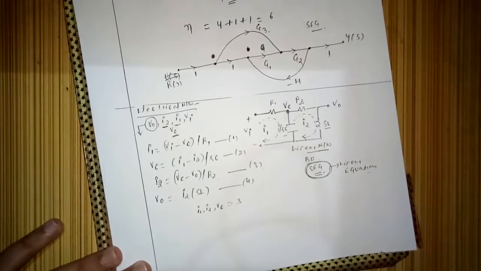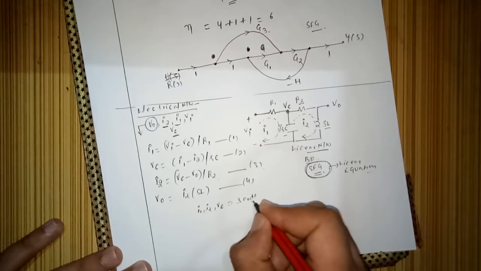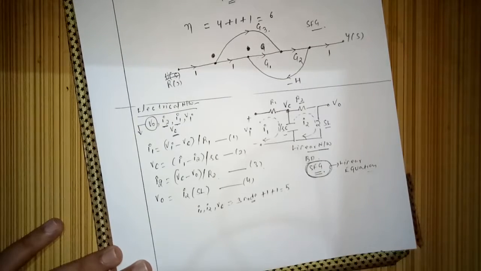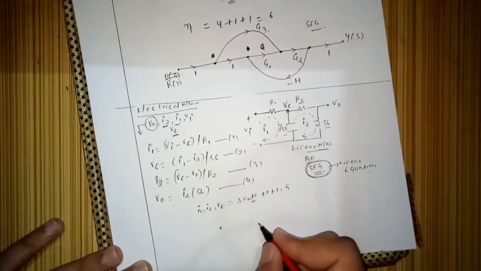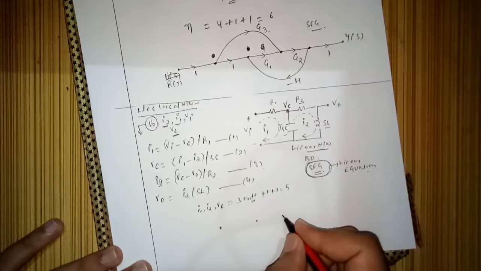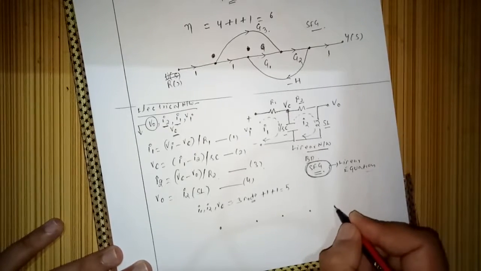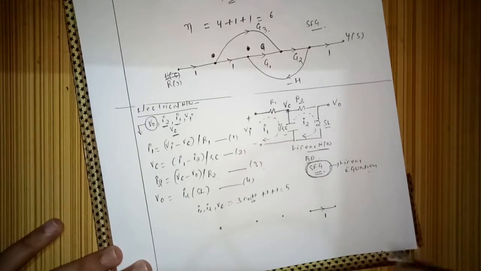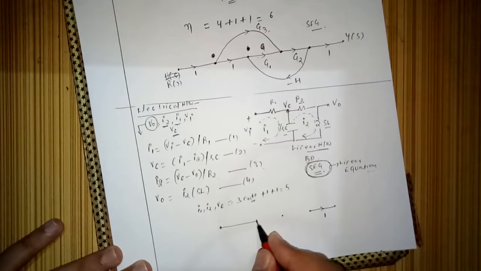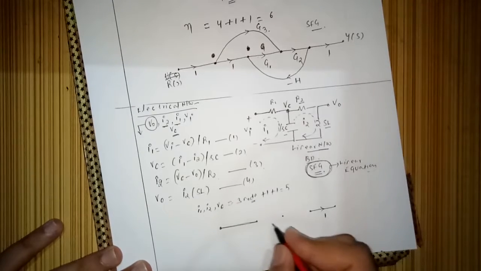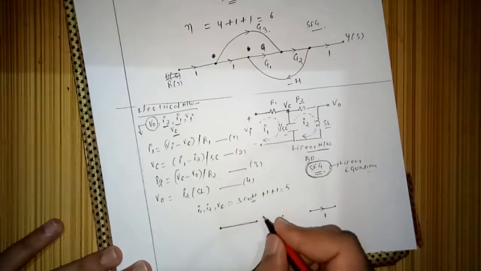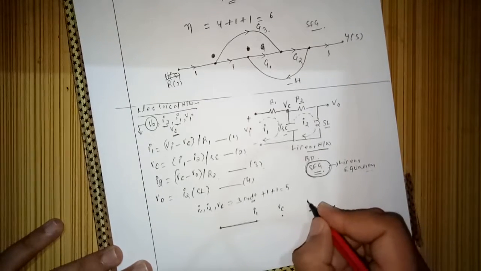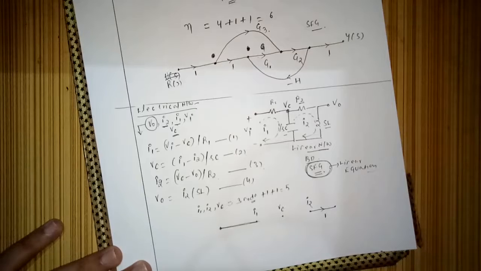So 3 nodes we require, plus 1 input node plus 1 output node. Total 5 nodes, right?